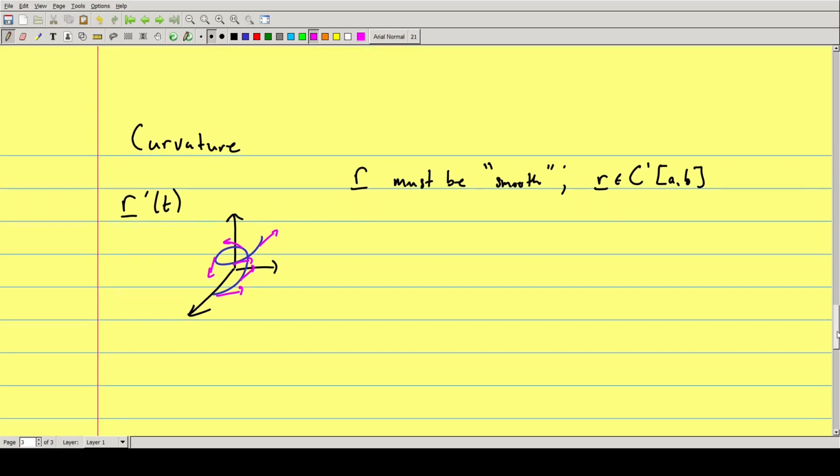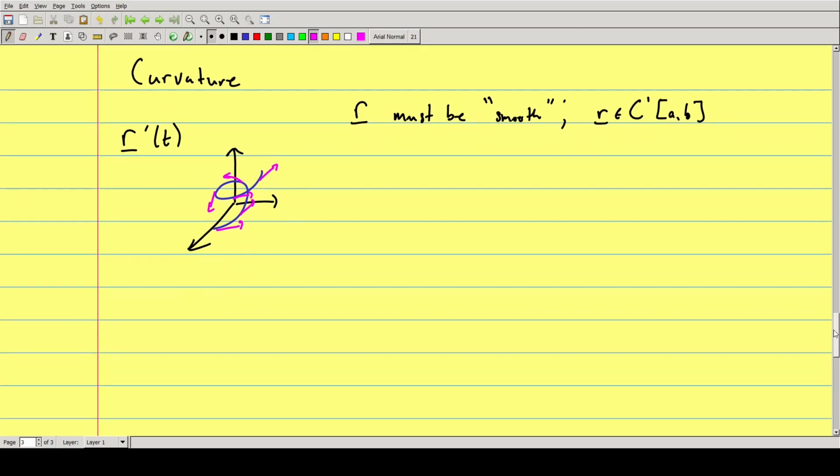In order to measure this, there are a couple of different formulas that the textbook provides. The letter that's being used here is kappa, a very tiny, scrunched capital K looking shape. The first formula they give is the magnitude of dT/ds.